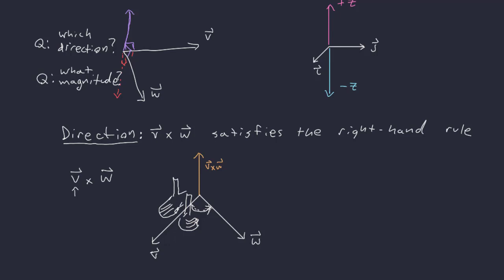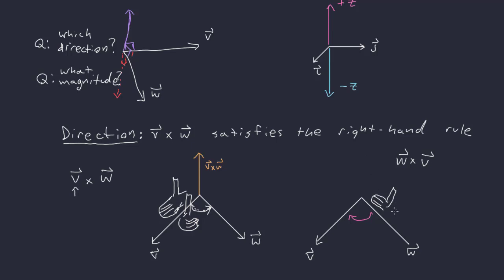However, if you did it the other way, W cross V, that means we're going in the other direction, W to V. I can't karate chop it in the same way because if I were to karate chop W with the thumb pointing up, I can't curl my hands that way.